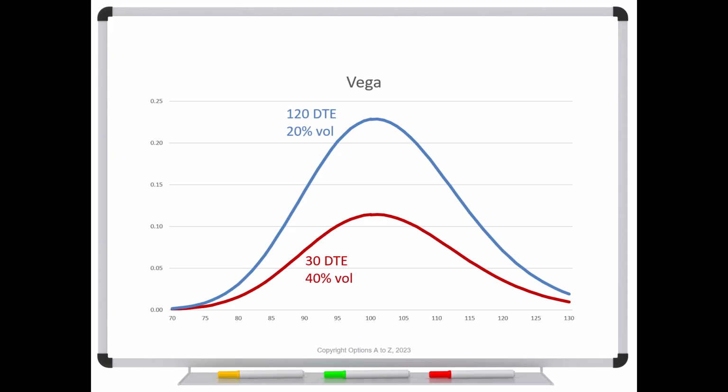You're going to pay for that. We can trade lower volatility stocks that we're more comfortable with, give ourselves 4 times the amount of time, and most of these characteristics are going to exactly balance out. And that is how, in kind of a roundabout way, you can make a low volatility stock behave like a high volatility stock.